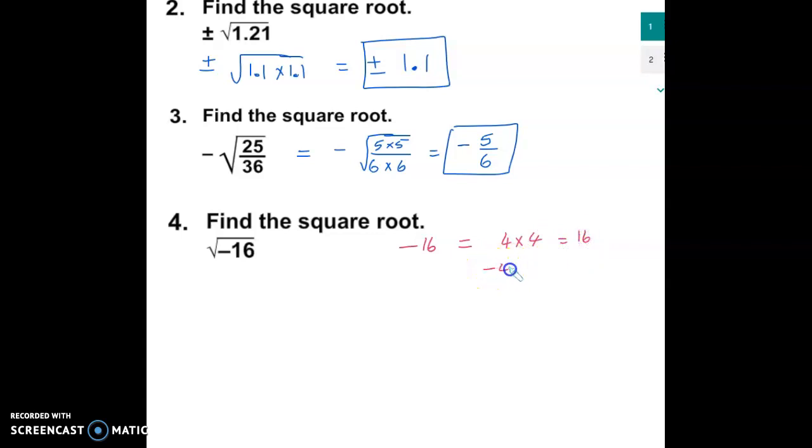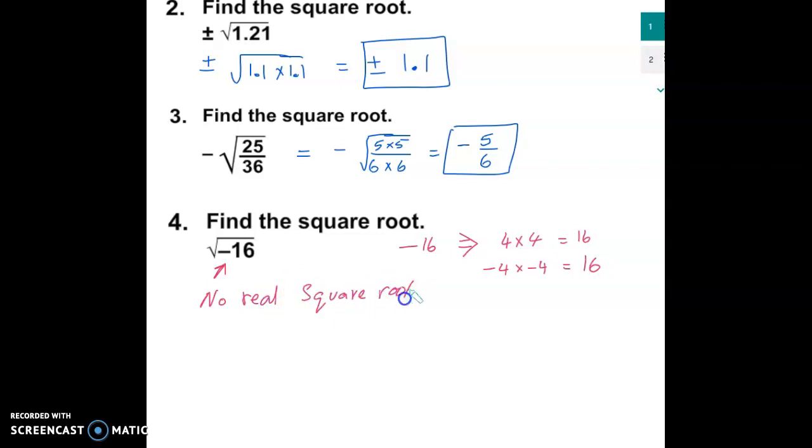But negative 4 times negative 4, both the same number, also gives a positive 16. So no matter what I take, I cannot get a negative 16 from two same numbers. So whenever you see a radical sign with a negative number inside, you always write not possible, or you can say there is no real square root. So its answer is no real square root.